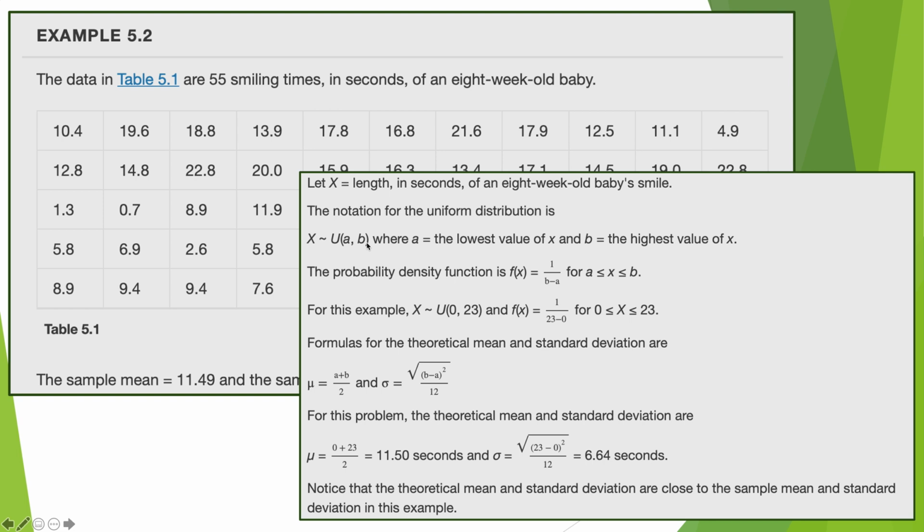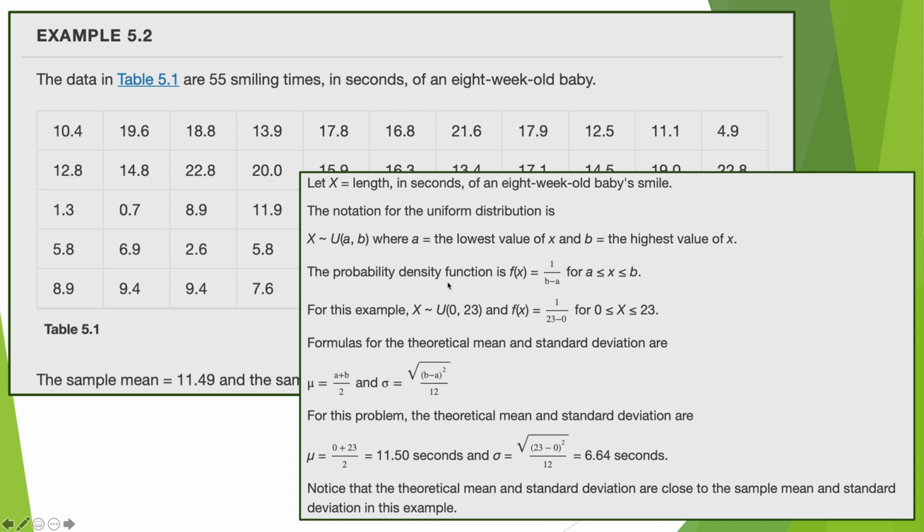But in math, we tend to not want to write out the whole terminology, so we just call the lowest value A and the highest value B. It's a little tricky to remember because you're not given a variable that sounds like lowest value and another term for highest value. So just remember A is the lowest value, B is the highest value.